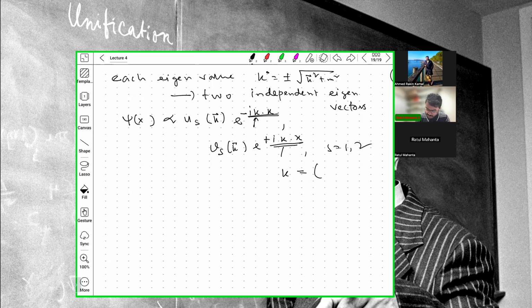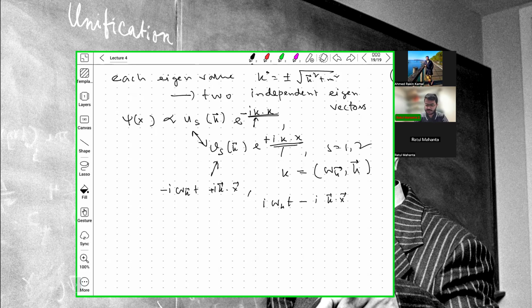K I am allowed only with the plus, but I am taking two solutions. But let me check what the exponentials are. The first exponential is nothing but i omega k t plus k dot x, and the second one is i omega k t minus, okay, I have an i k dot x.